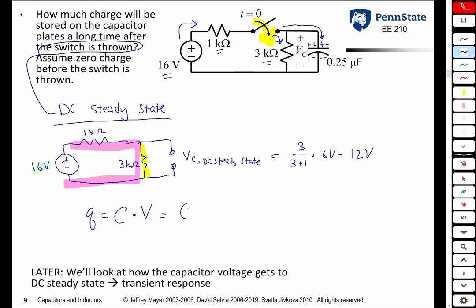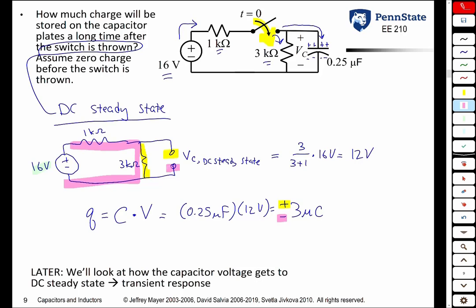So you have 0.25 microfarad times 12 volts, or 3 microcoulombs. Technically, it's plus and minus 3 microcoulombs. You have plus 3 microcoulombs on that plate and negative 3 microcoulombs on that plate.